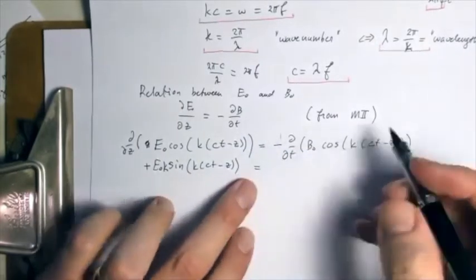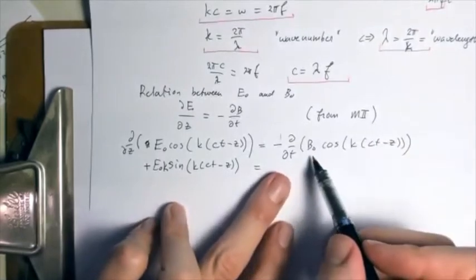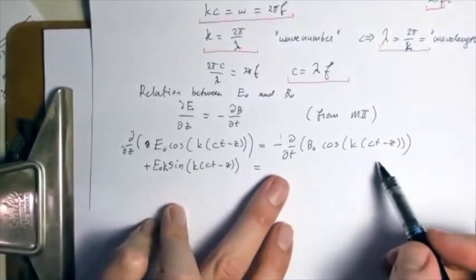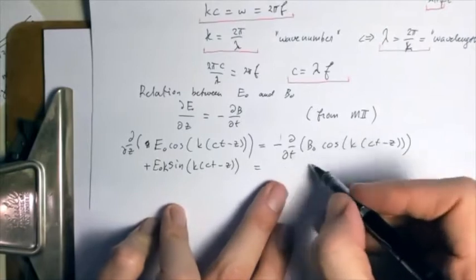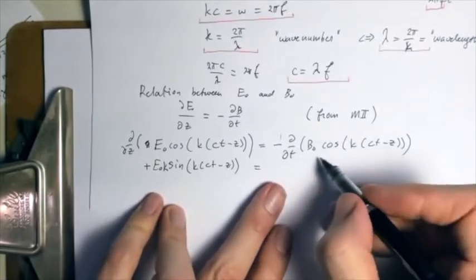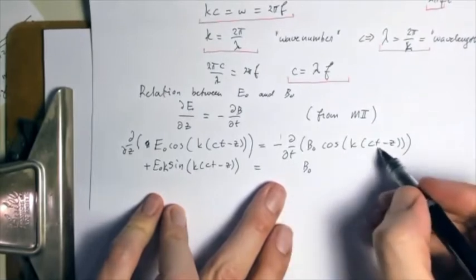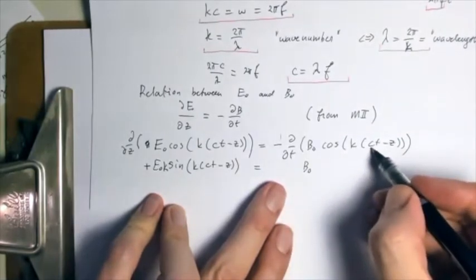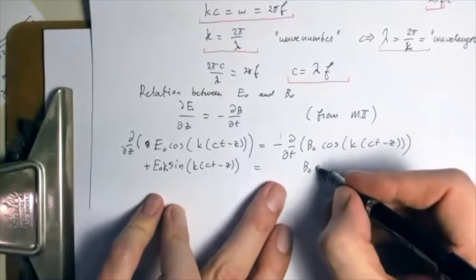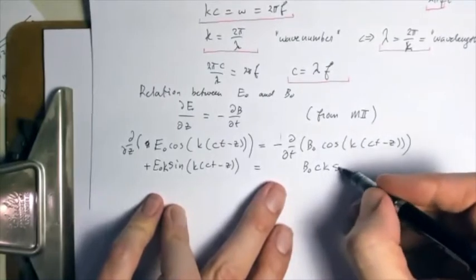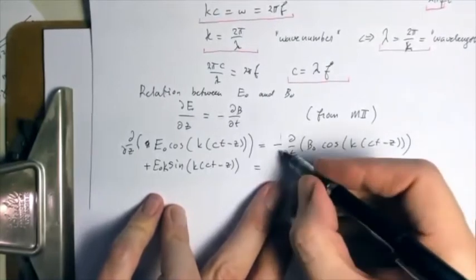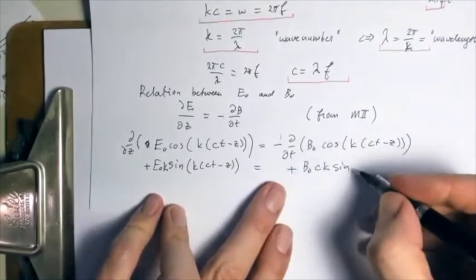All right. And now here, we're taking, again, our derivative in t. Now we have a B naught, and we're taking the derivative with respect to t, which means we pick up the c and the k through the chain rule. The cosine becomes a sine with a minus, but we already had a minus, so that becomes plus.